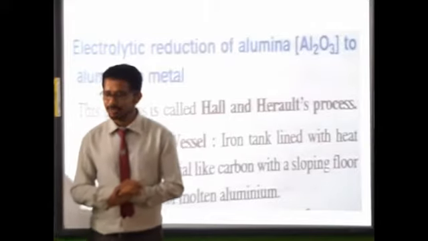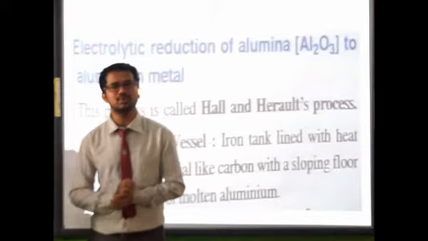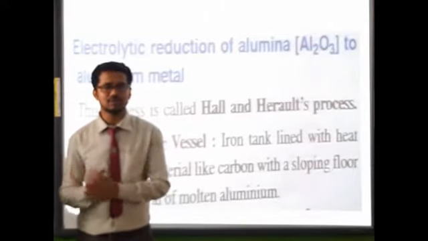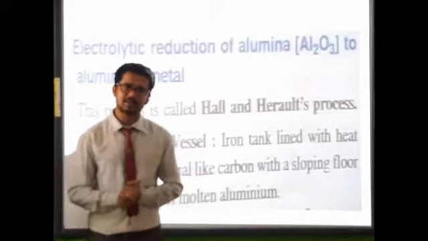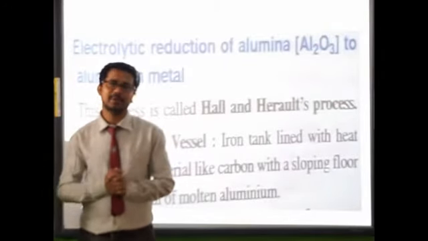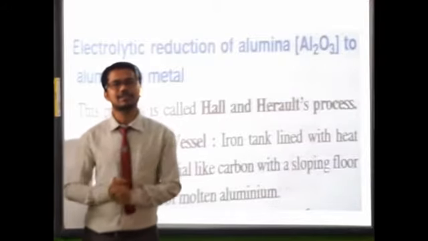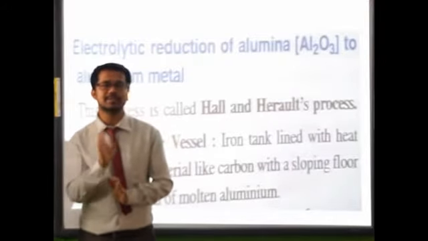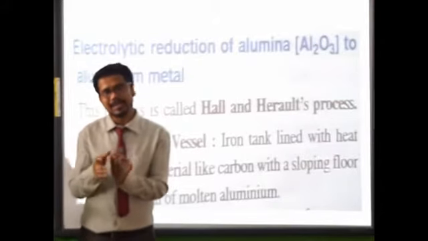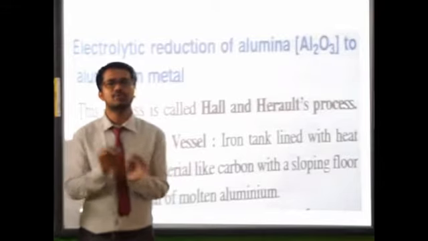So what is the molecular formula for alumina? It is Al2O3, aluminium oxide. So alumina is also called aluminium oxide, its other name. This aluminium oxide is already in the form of oxide. So for extraction of aluminium, step number 3, that is roasting and calcination, is not done, because roasting and calcination is the process of converting ore to oxide.